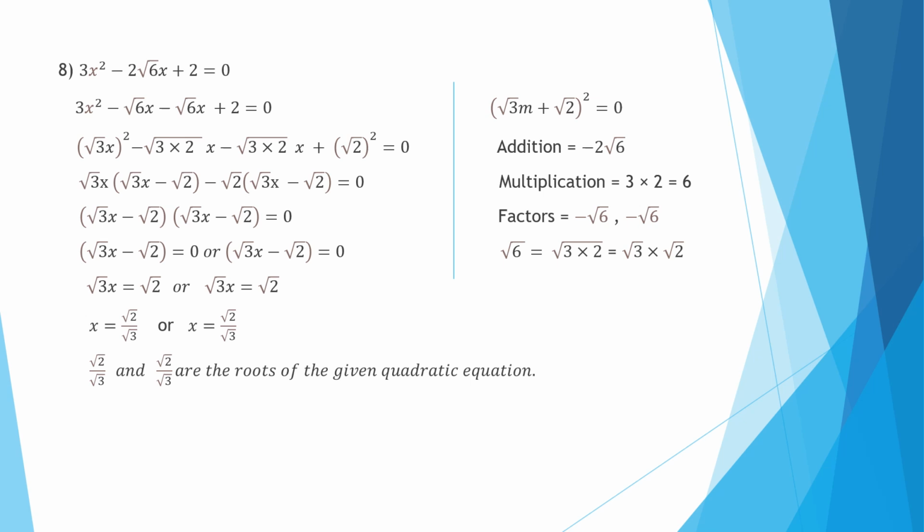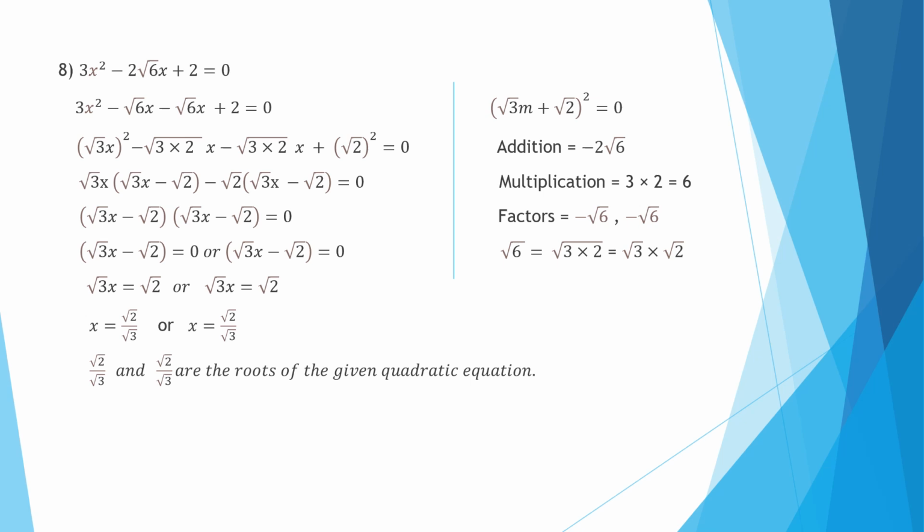In this bracket, minus root 3 into 2x plus square of root 2 is equal to 0.